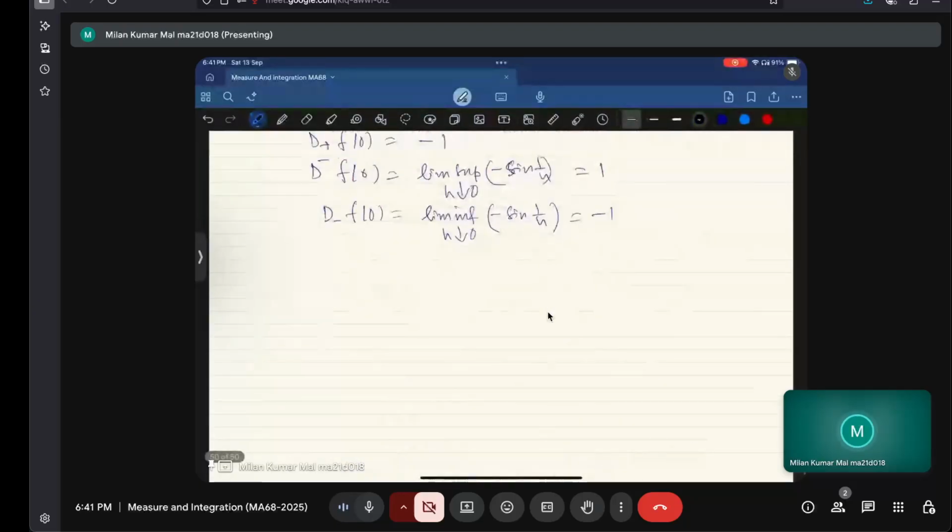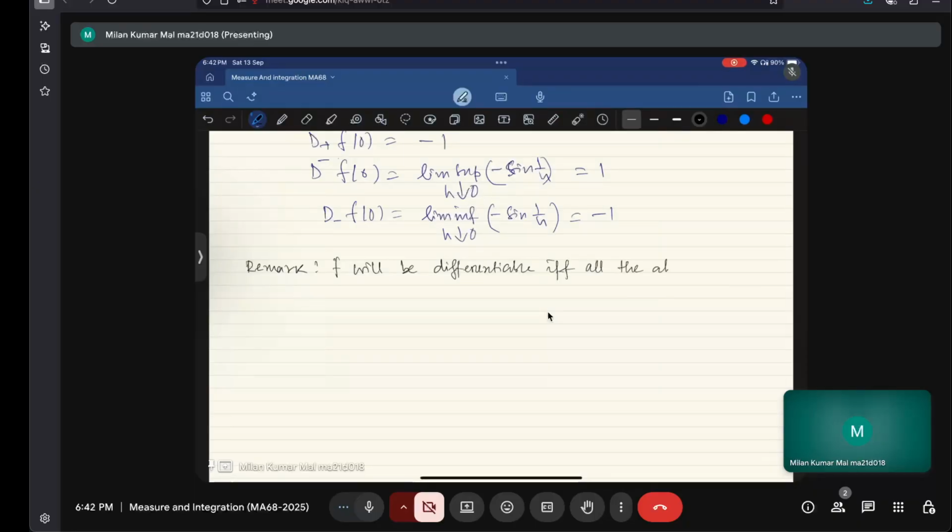So one can say that f will be differentiable if and only if all the above limits are equal.